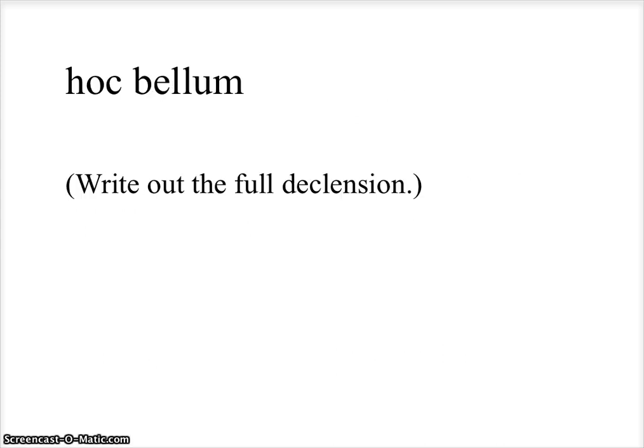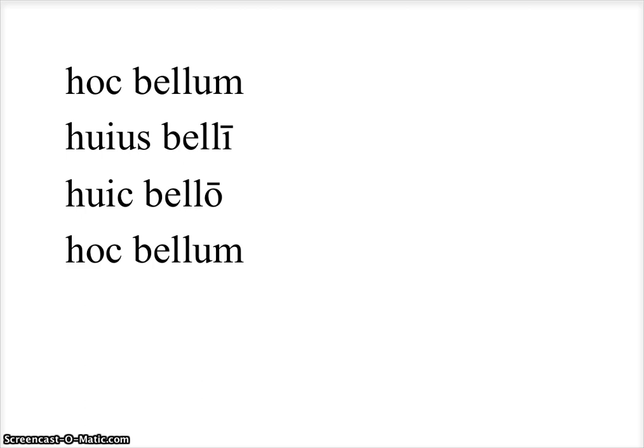Now, let's practice writing out the full declension with a neuter noun of the second declension. Hoc bellum, of this war, huius belli. To or for this war, dative, huic bello. This war, accusative, hoc bellum again. And in this war, with this war, by means of this war, hoc bello. The plurals.